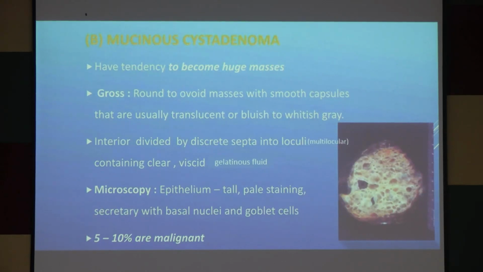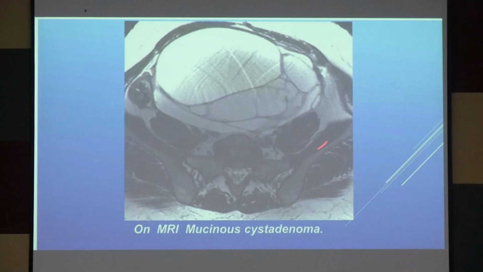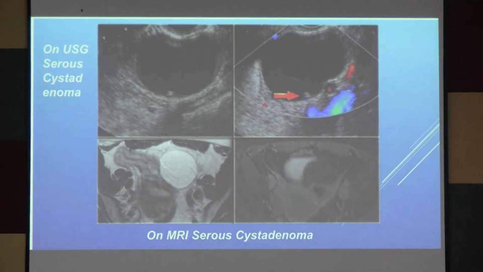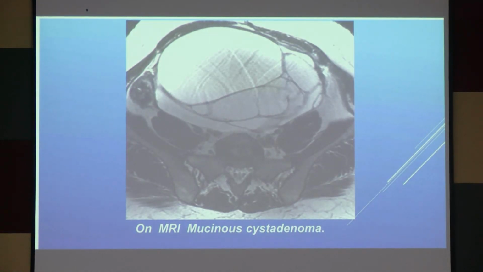In pathology, anything that secretes mucin is lined by goblet cells. This one is also lined by goblet cells. See an MRI picture, how beautifully it shows that this is all gelatinous fluid, it's not clear fluid. In comparison, see, this is clear fluid, whereas this is gelatinous fluid.